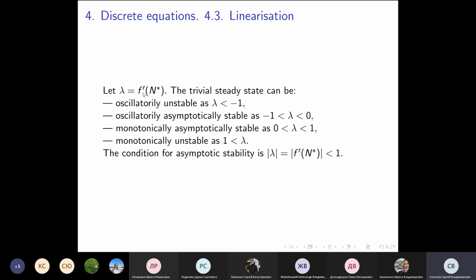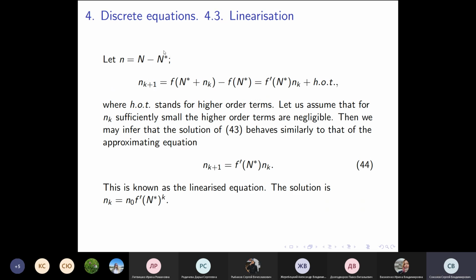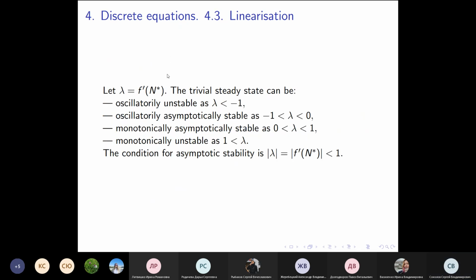Let lambda be f prime of n est. So the trivial steady state, n equals n est, is oscillatory unstable as lambda is less than -1. So it changes the sign and is not going to 0.